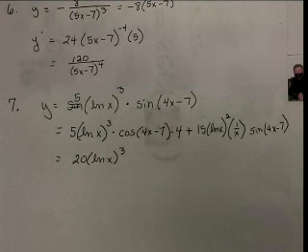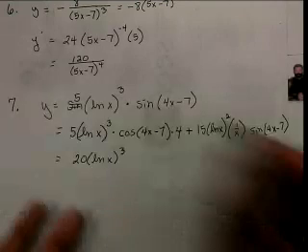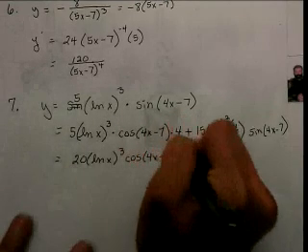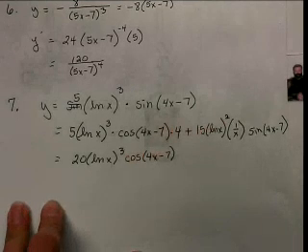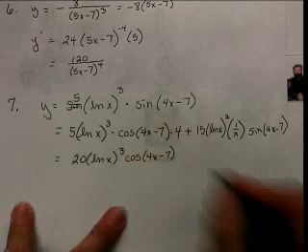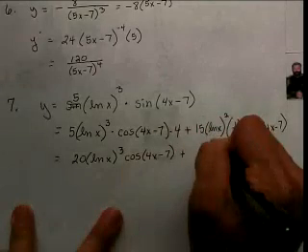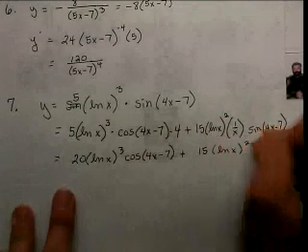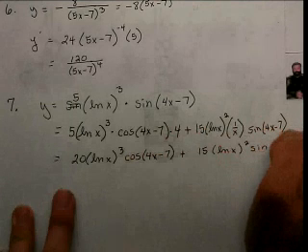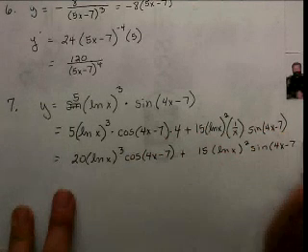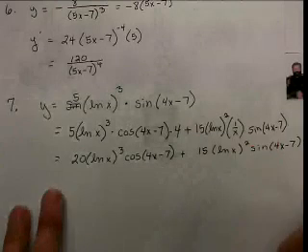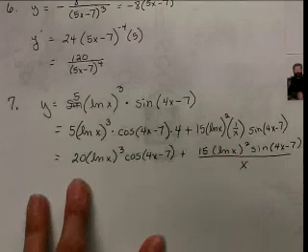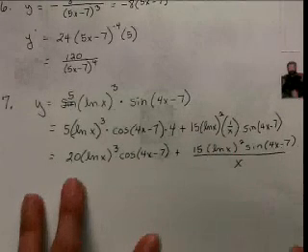So you need those parentheses, times the cosine of 4x minus 7. And there's not much at all you can do to that second term. Plus 15 over x times, yeah, I was going to write that x in the denominator. Yeah, all over x. Or just the 15 over x, it would mean the same thing.